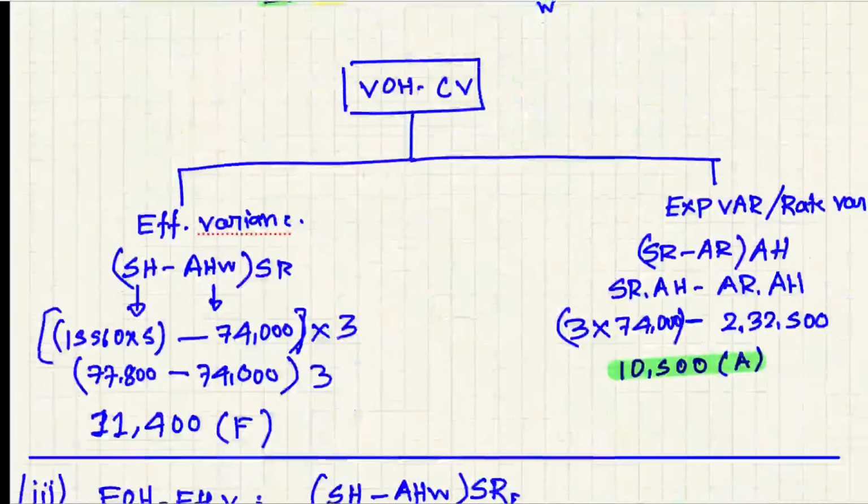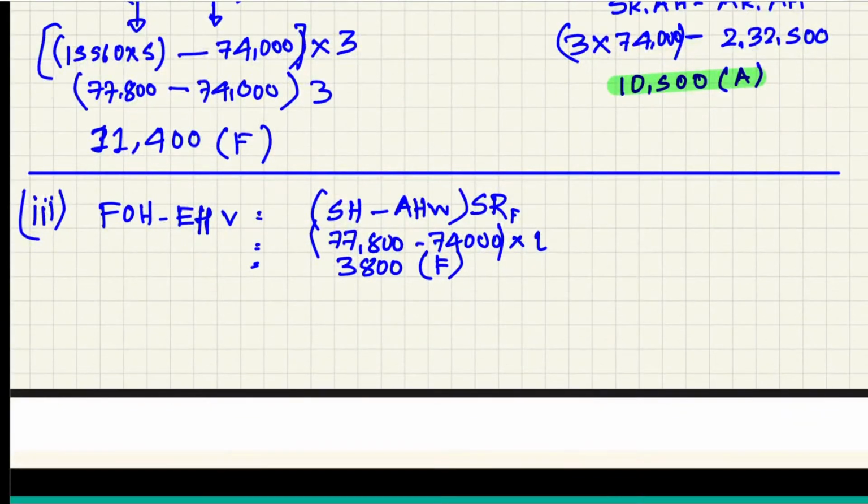So that is 60,000. Fixed overhead capacity variance is actual hour worked minus budgeted hour into standard rate.